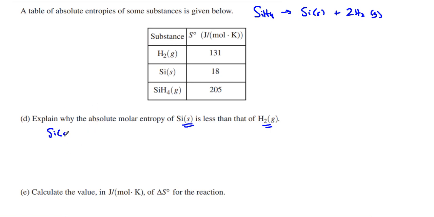Si, silicon solid, has less entropy, and we want to spell the word "has" with one S, as compared to the hydrogen gas due to the very low dispersion of particles.